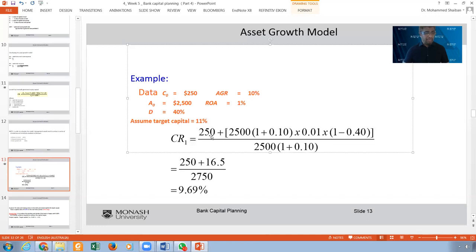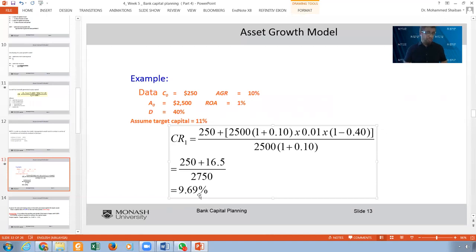Now, I can start here. So I will add this one, 250. In this case, we are just calculating now according to this growth and all these issues. So we have the growth of the assets. We haven't talked about the target capital yet. We just say we will achieve 9.69. Is this what I want?